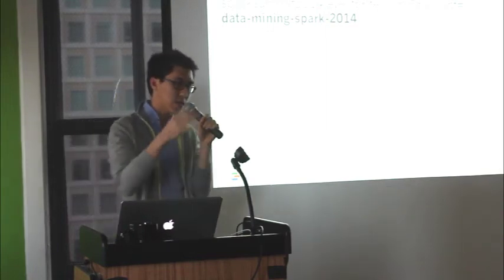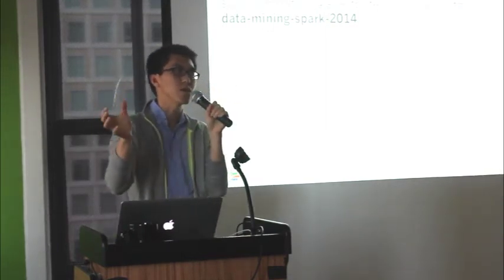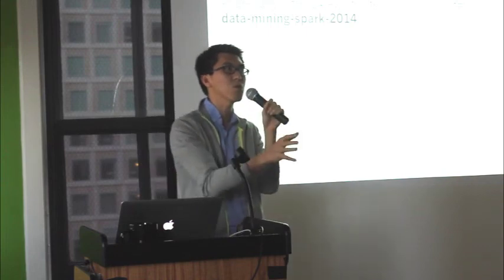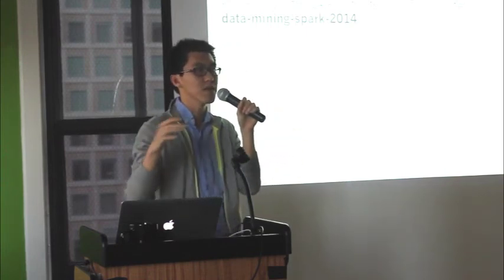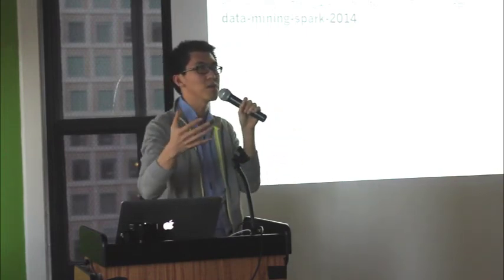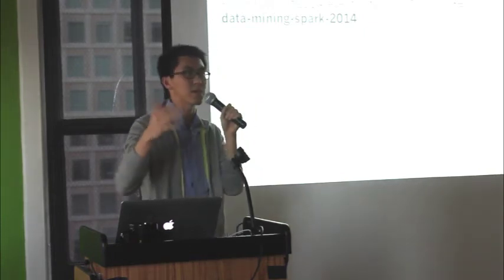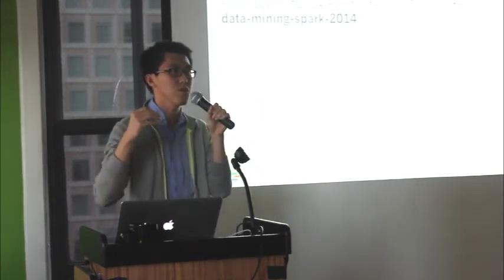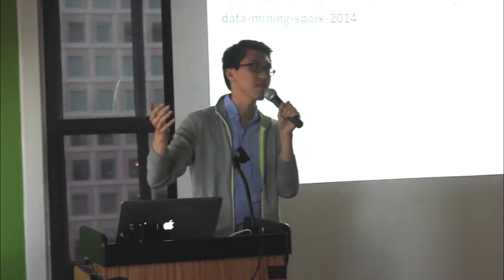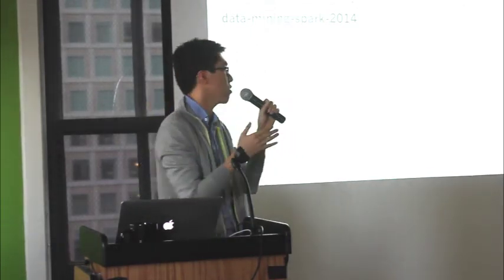So essentially, you can run arbitrary user code. And so now it's up to the user how you want to integrate with your favorite library. For example, the machine learning library, MLlib in Spark, interfaces with native BLAS implementations through the Java Native Interface. And you could also run PySpark, which is a Python API for Spark.